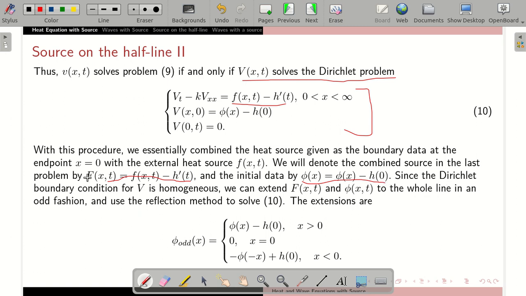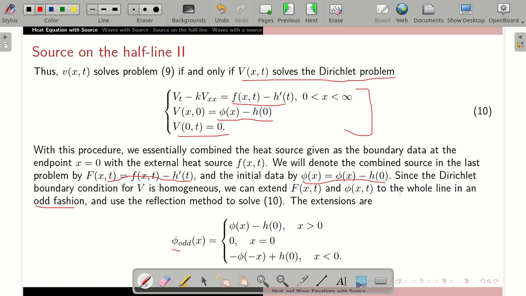Since the Dirichlet boundary condition for V is homogeneous, for V, capital V, this is V0t equal to 0 is homogeneous, so we can extend capital F and phi to the whole line in an odd manner by using method of reflections.